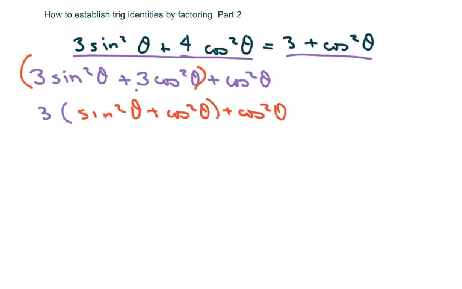Now we know that this equals 1, so I just changed that to 1. You get 3 times 1 is 3 plus cosine squared of theta, and that's what we wanted.